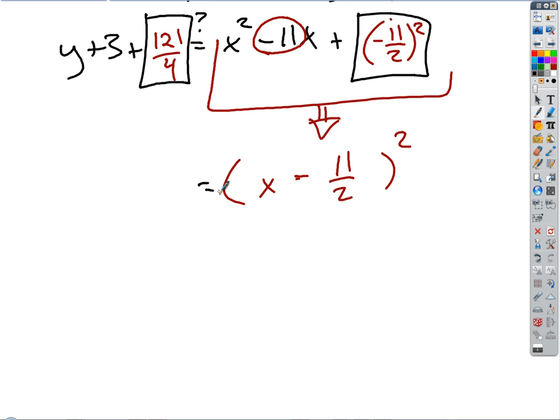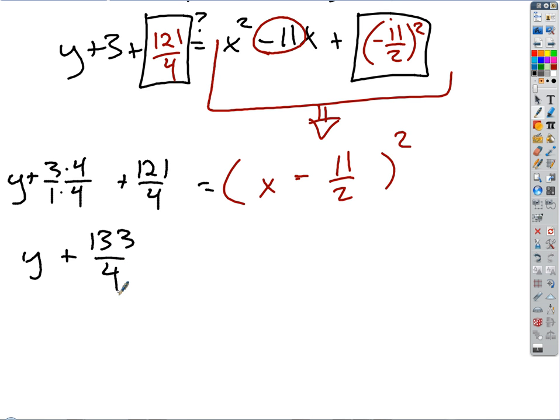So we get y plus 3 over 1 plus 121 over 4. Well, I need a common denominator of 4, so I'll multiply this by 4 over 4. What do I get? 12 fourths plus 121 fourths is 133 fourths, equals the quantity x minus 11 halves squared.